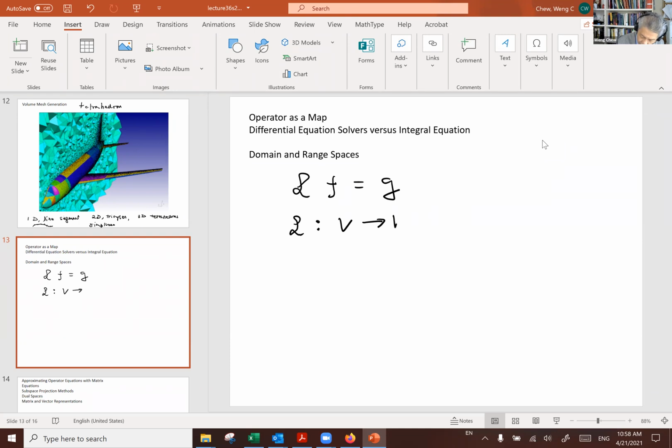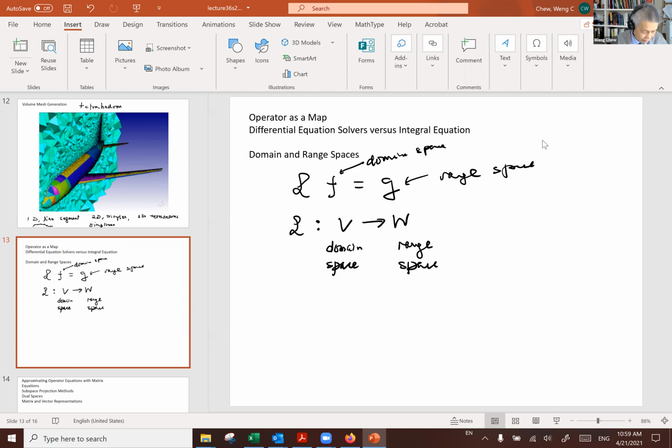It is defined to be a linear operator that maps from a domain space. The domain space is something that the operator acts on, and this is called the range space.